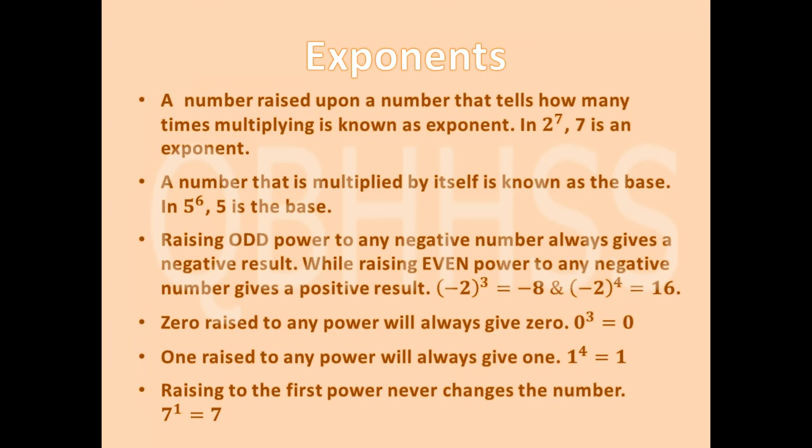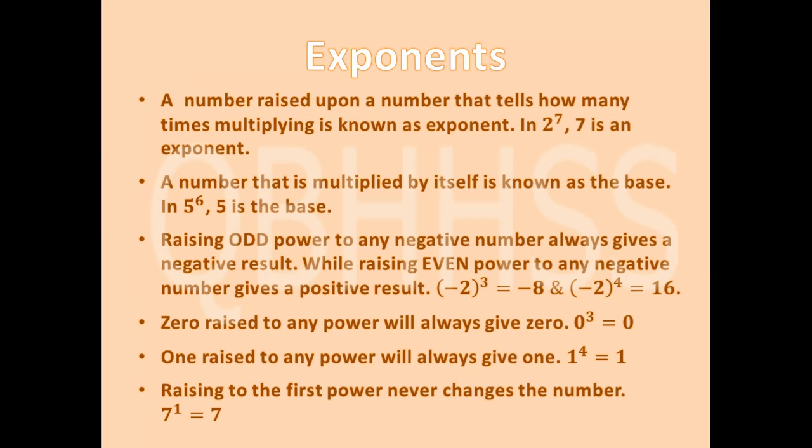Raising a negative number to an odd power always gives you a negative result, while raising it to an even power gives a positive result. For example, negative 2 to the third power equals negative 8, and negative 2 to the fourth power equals positive 16.